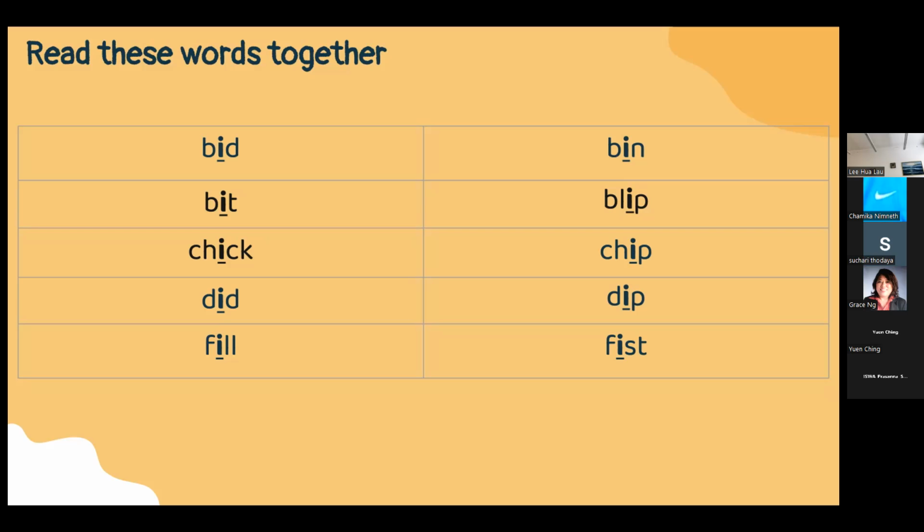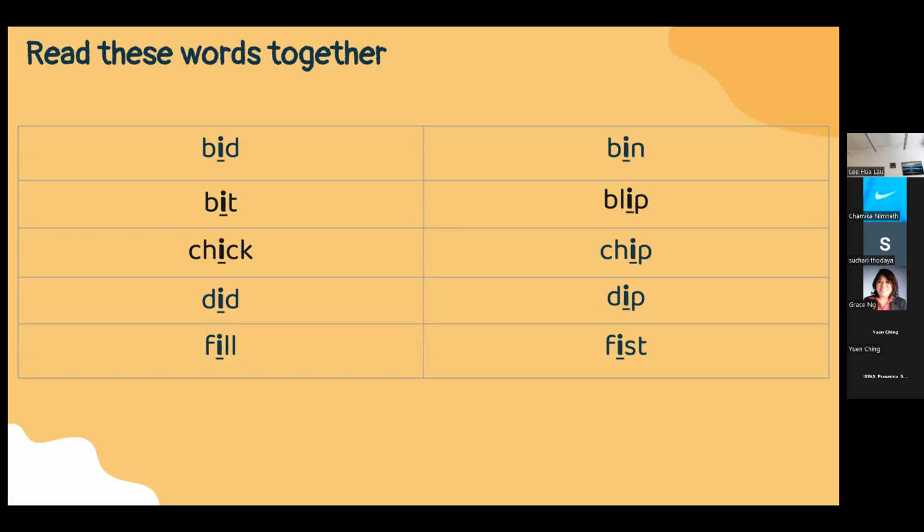So it goes chip. And for the D. Did. The D, so you must pronounce did. And the next word is another pronunciation. Dip.